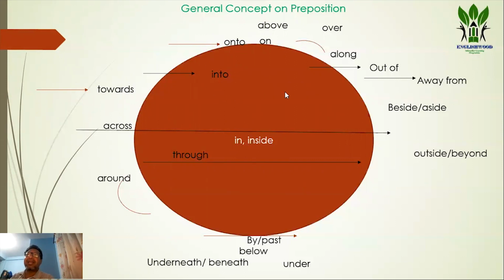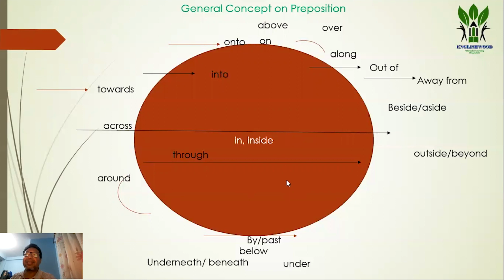If something is going towards this subject, then we say towards. If something is vertically up, above, vertically down, below. Somewhere up, then over. Somewhere down, below. We also use other words like underneath and beneath.